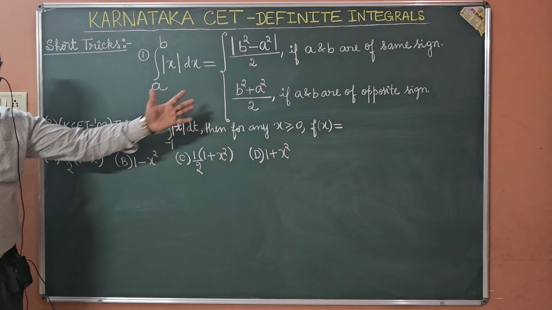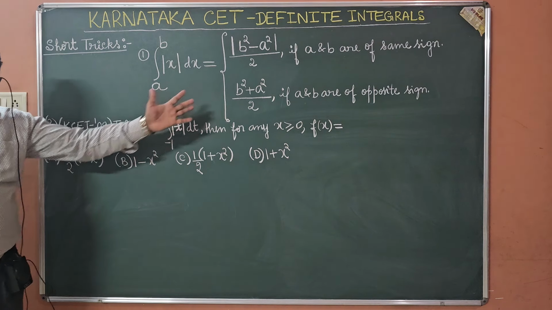Therefore, the lower limit and upper limit are of opposite sign, with mod t dt. Instead of mod x dx, we have mod t dt. That is not a problem. It is similar to this. Don't worry. Therefore, the shortcut technique gives the answer: f of x is, since the upper limit is positive, b square plus a square, lower limit square, by 2.